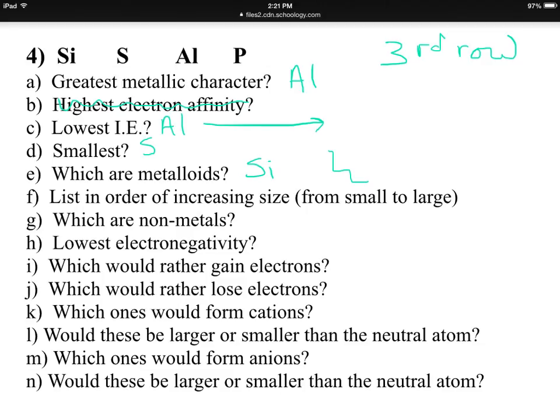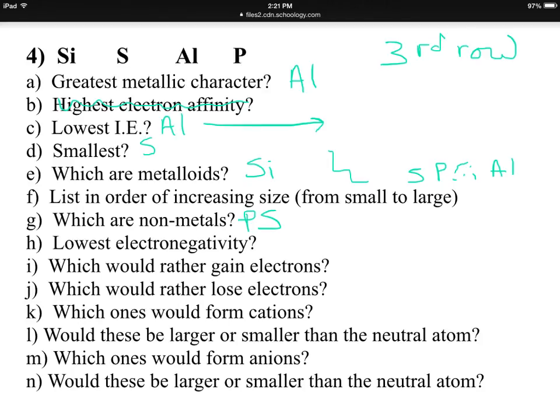List them in order of increasing size from small to large. That would be sulfur, it would be phosphorus, it would be silicon, and then it would be aluminum. Which are nonmetals? Nonmetals would be phosphorus and sulfur.